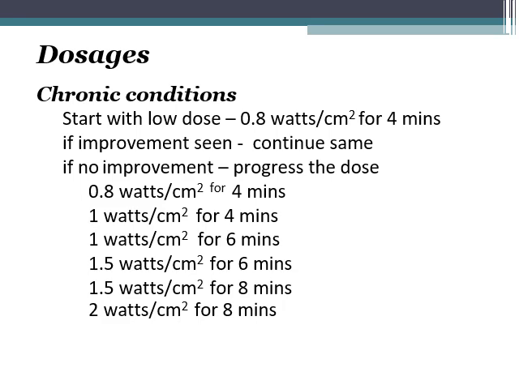Likewise, but if a chronic condition is there, then you have to start with 0.8 watt per centimeter square for 4 minutes, and if improvement occurs, then you can continue with this dose, and if there is no improvement, then you can increase your intensity up to 2 watt per centimeter square, and you can increase your treatment time up to 8 minutes, right?